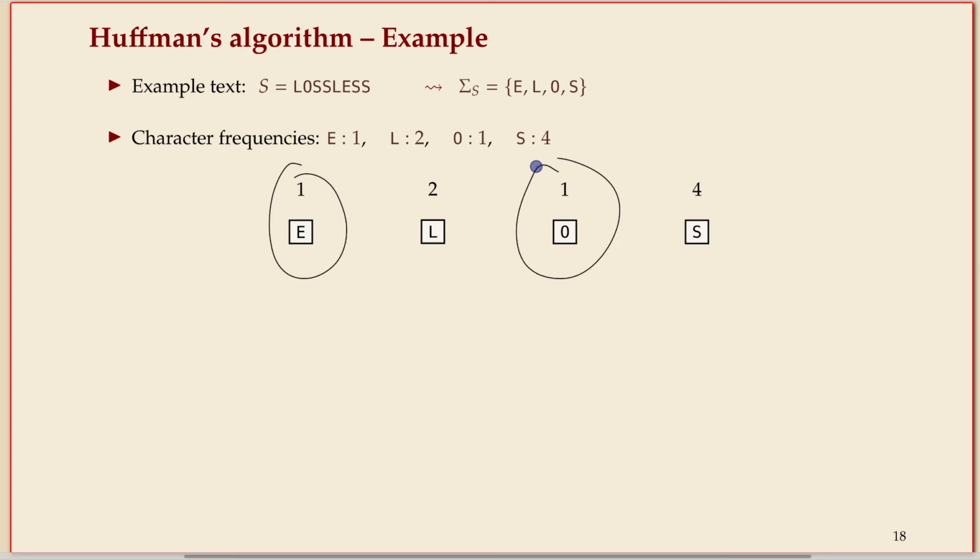And now Huffman's algorithm says recurse on this and the character EO that you form. And then at some point, you will know what the common prefix of the code words for E and O is.